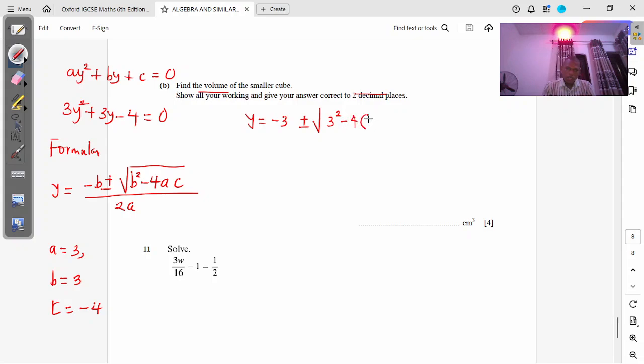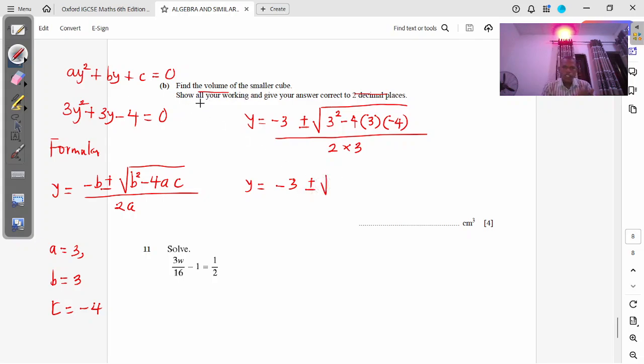What's my a? 3. What's my c? Negative 4. So basically I substituted all the numbers for the letters there. This is 2a, this becomes 2 times 3. Alright, so I have y equals negative 3 plus or minus square root.